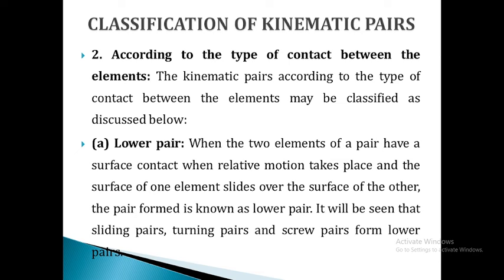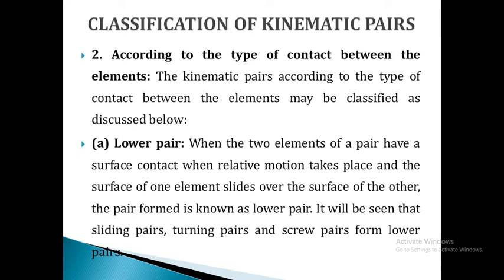When the two elements of a pair have a surface contact, when relative motion takes place and the surface of one element slides over the surface of the other, the pair formed is known as lower pair. It will be seen that sliding pair, turning pair and screw pairs form a lower pair.